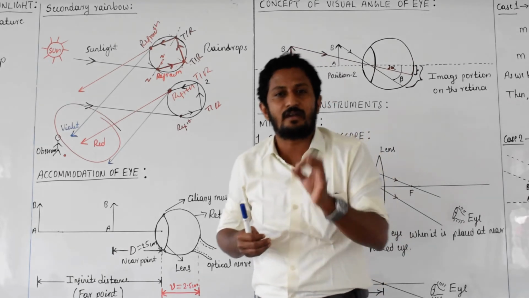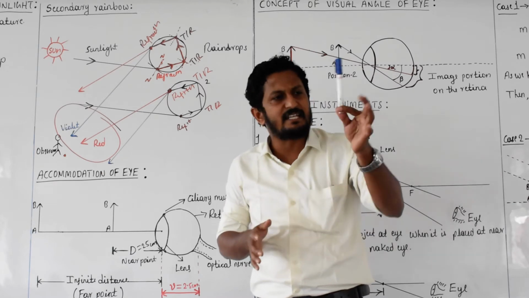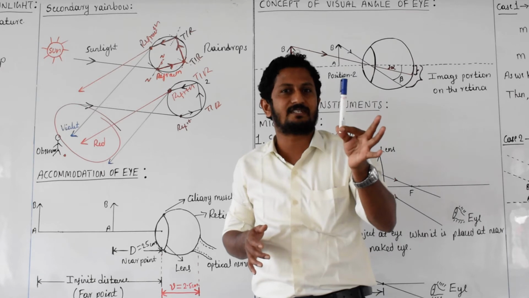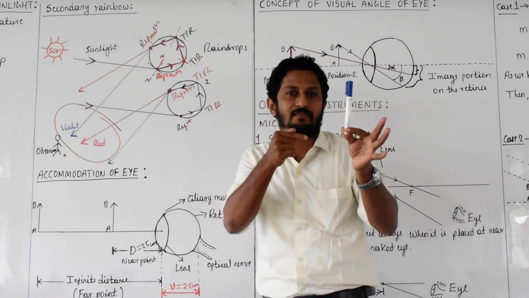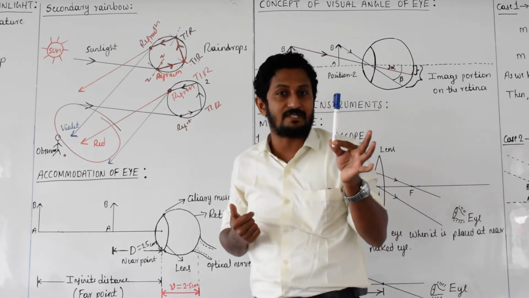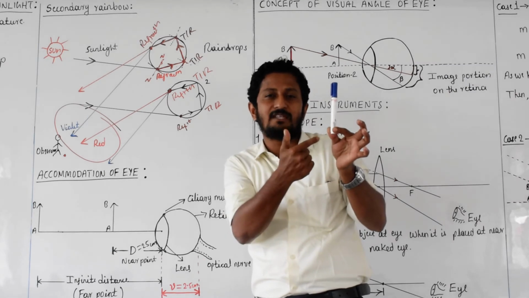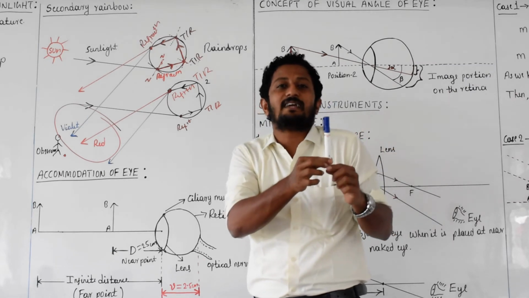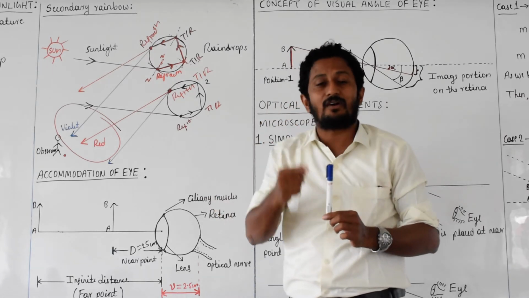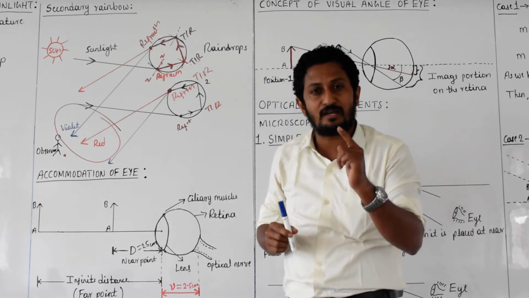Now I am talking about the near point. Near point means the nearest point up to which I am able to see the images of objects clearly. Getting what I mean to say?